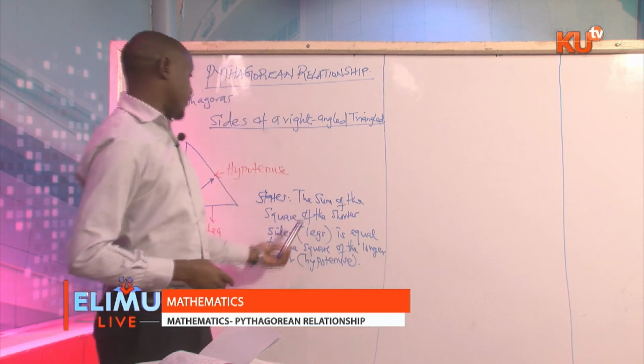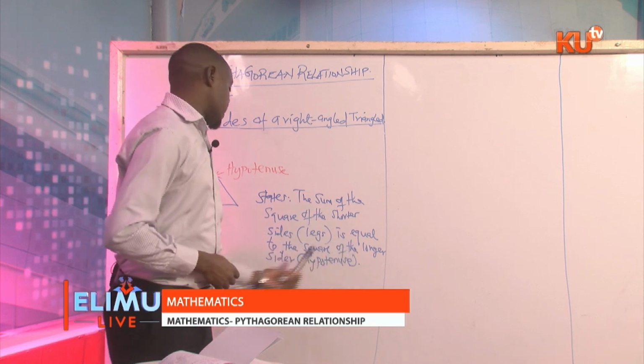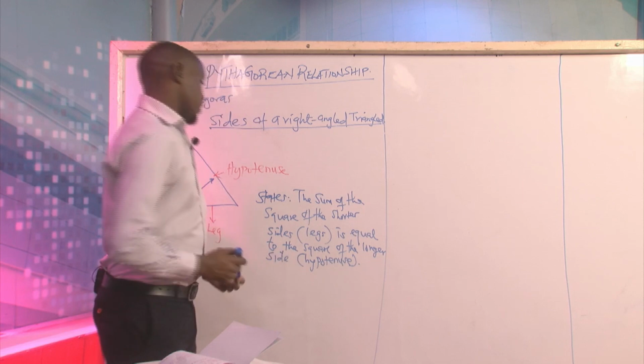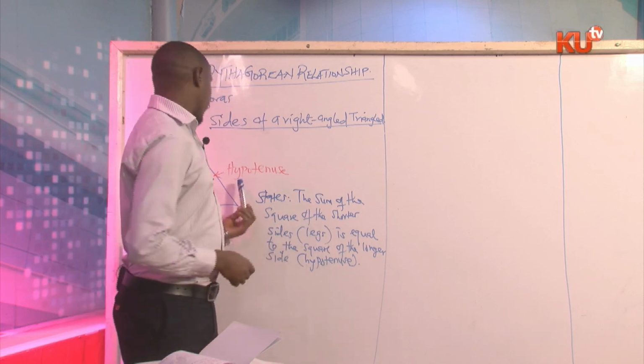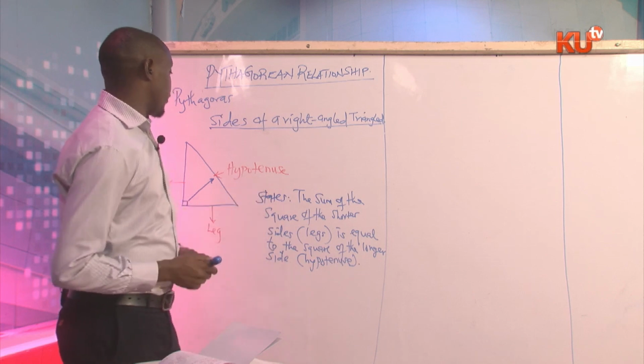So the sum of the square of the shorter sides is equal to the square of the longer side, which we also call the hypotenuse. So the sum of the square of the legs is equal to the hypotenuse.